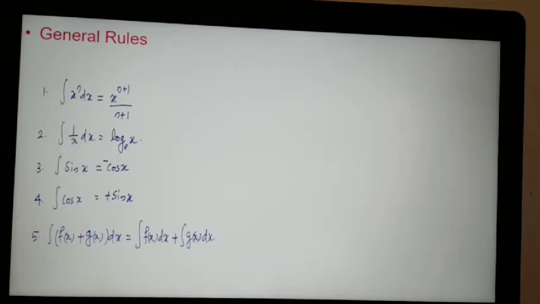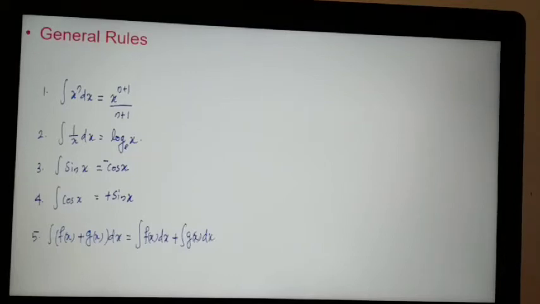That is very similar to the rule in differentiation: differential of k into f of x will be k into differential of f of x. Integral k into f of x dx will be k into integral f of x dx.